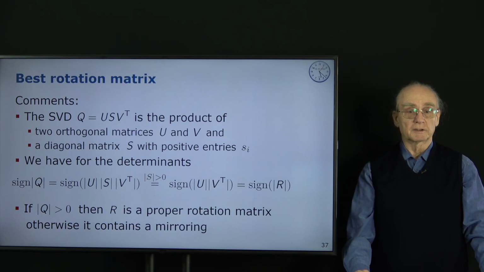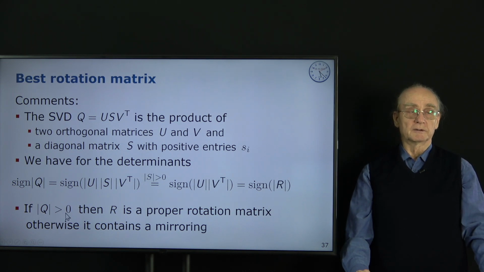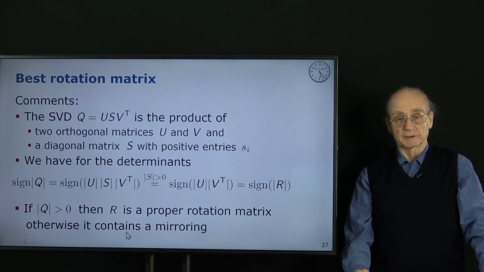So we have the following result. If the matrix Q has a positive determinant, it need not be 1, then R, which we estimate from this method, is a proper rotation matrix with determinant plus 1. Otherwise, the transformation contains a mirroring.